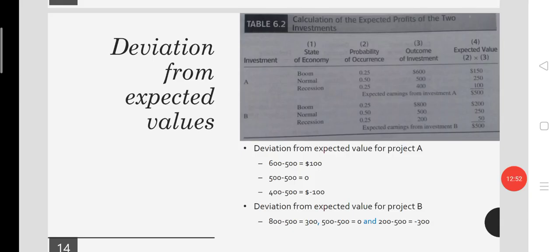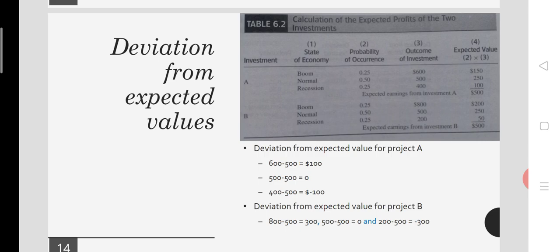So let's look at how the deviation is calculated. Deviation from the expected value is calculated. Here we need to deduct the expected value from each outcome. We have three outcomes here: boom situation, normal situation, recessionary situation.